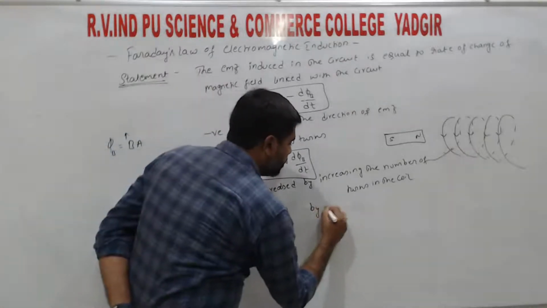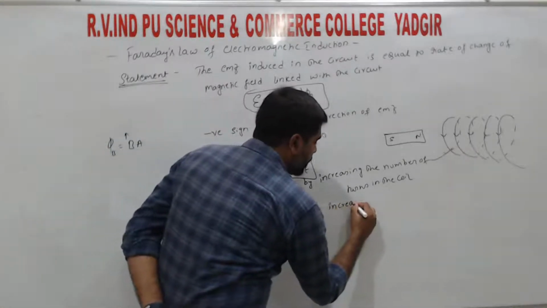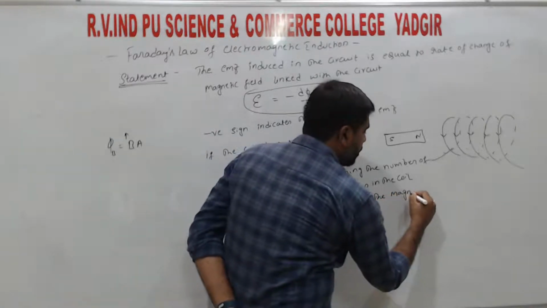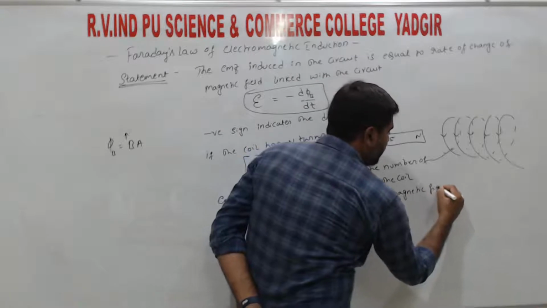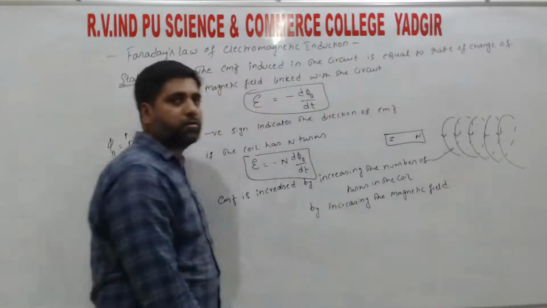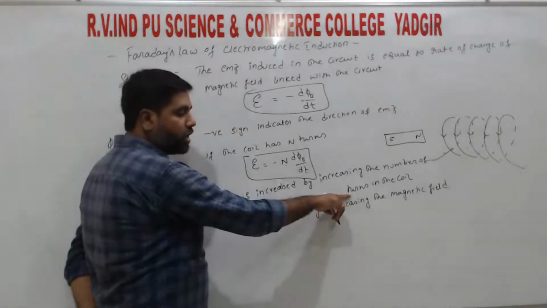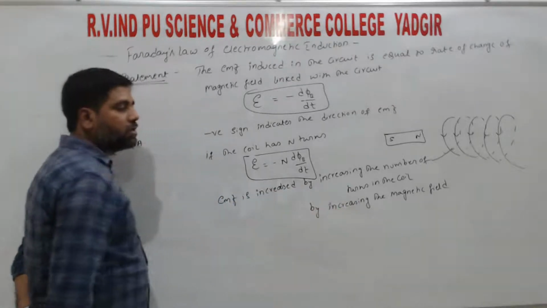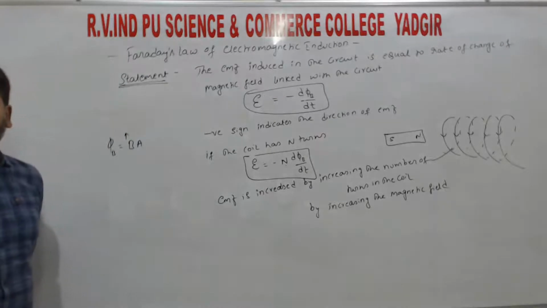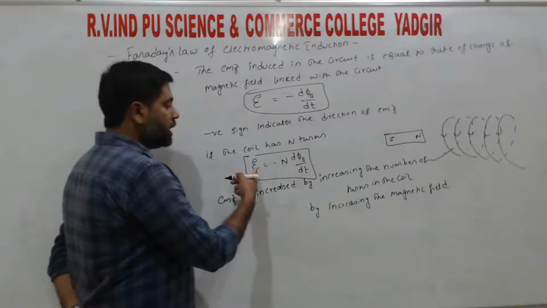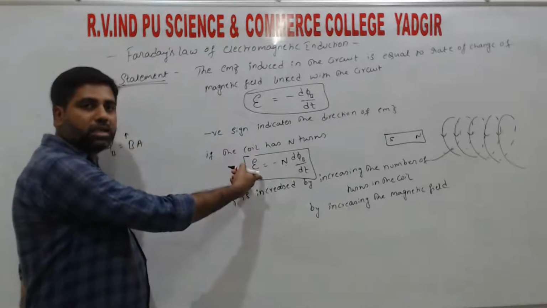So by increasing the magnetic field, that is the second condition. The first was increasing the number of turns. The second is by increasing the number of magnetic field lines. If we increase the number of magnetic field lines, the induced EMF also increases.